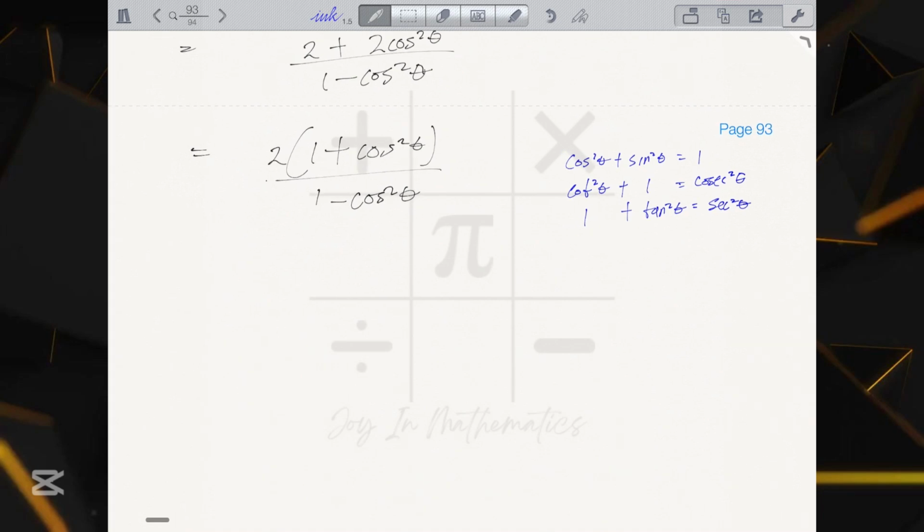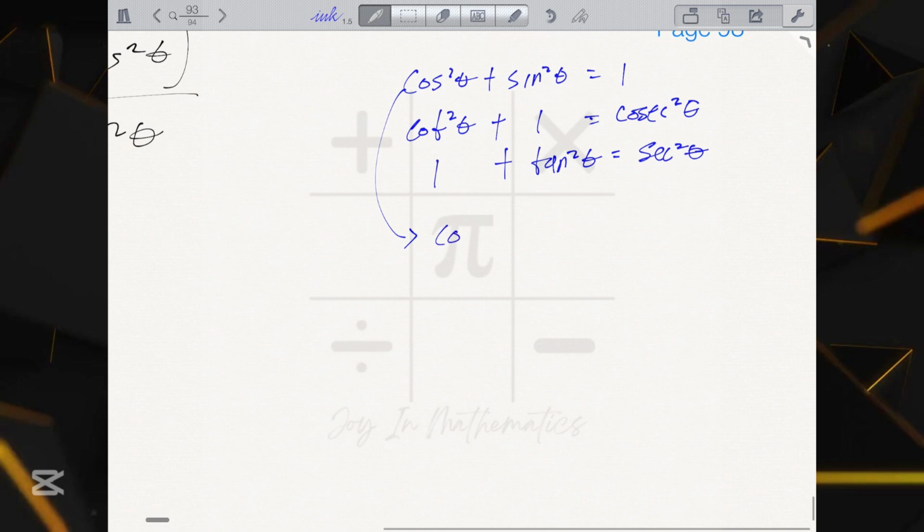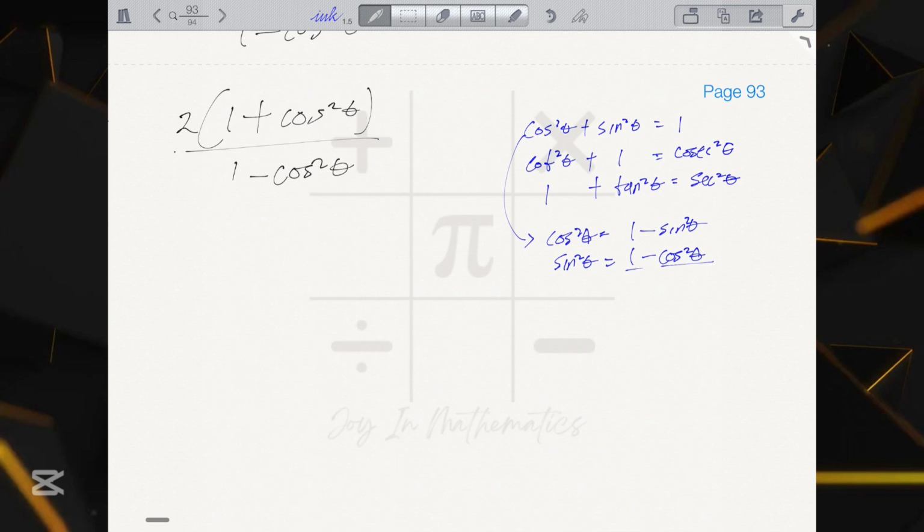Now, from here, we can find an expression for cos squared theta and also sine squared theta. So we know that cos squared theta is equal to 1 minus sine squared theta, and likewise sine squared theta is equal to 1 minus cos squared theta. So now we have 1 minus cos squared theta, and we can substitute it here.